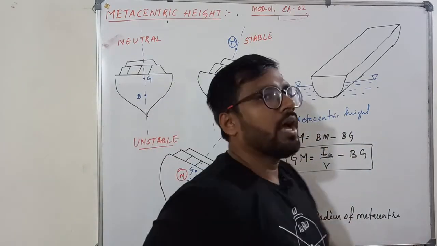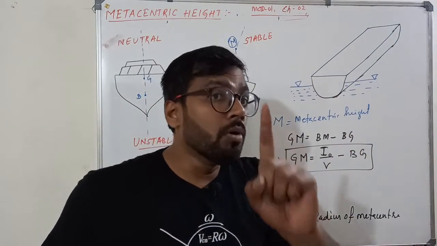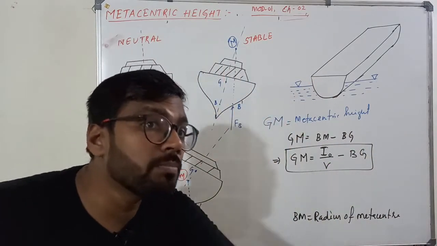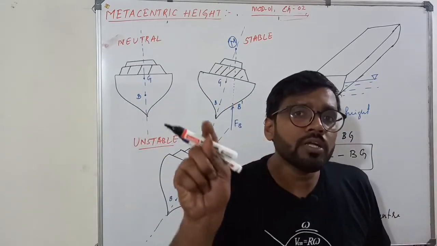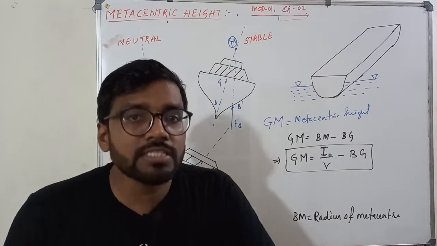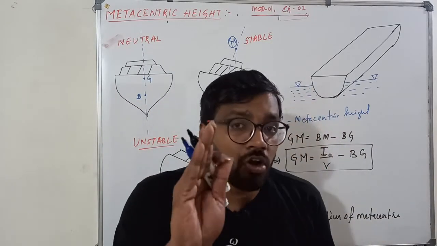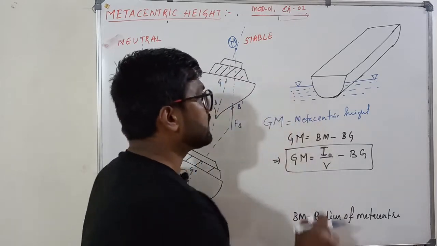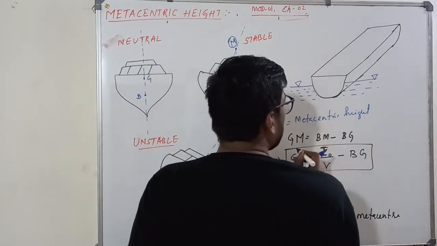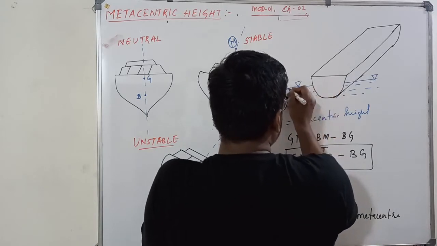What is I naught? I naught is the moment of inertia of the plane which is in contact with the free surface of the liquid. See, this is your ship, let us say. This much it is floating, this much depth.